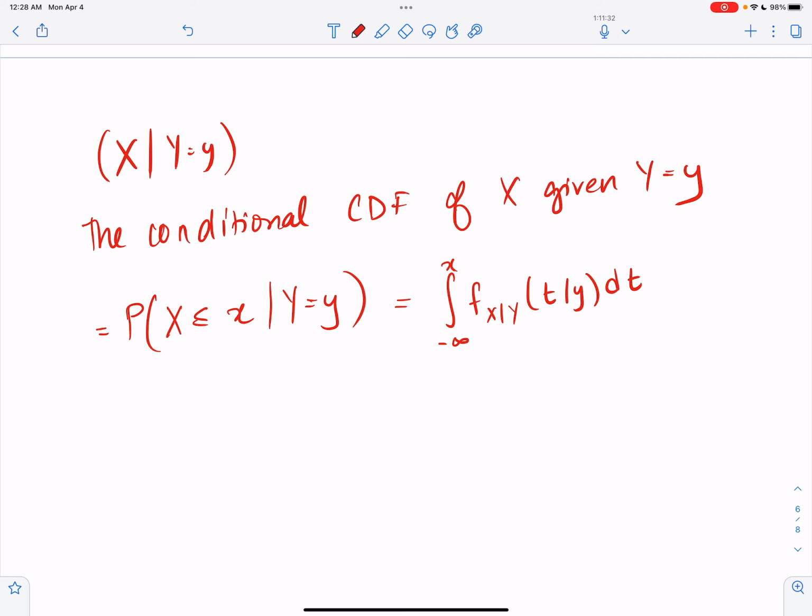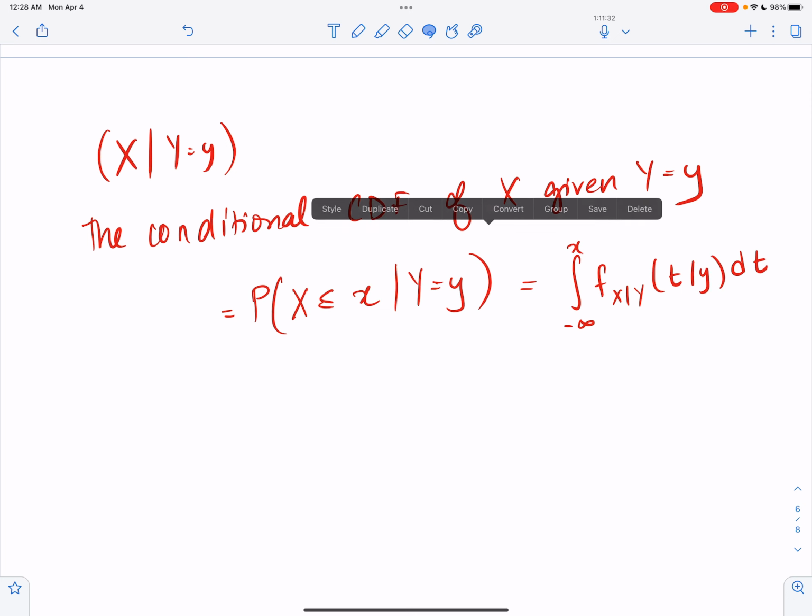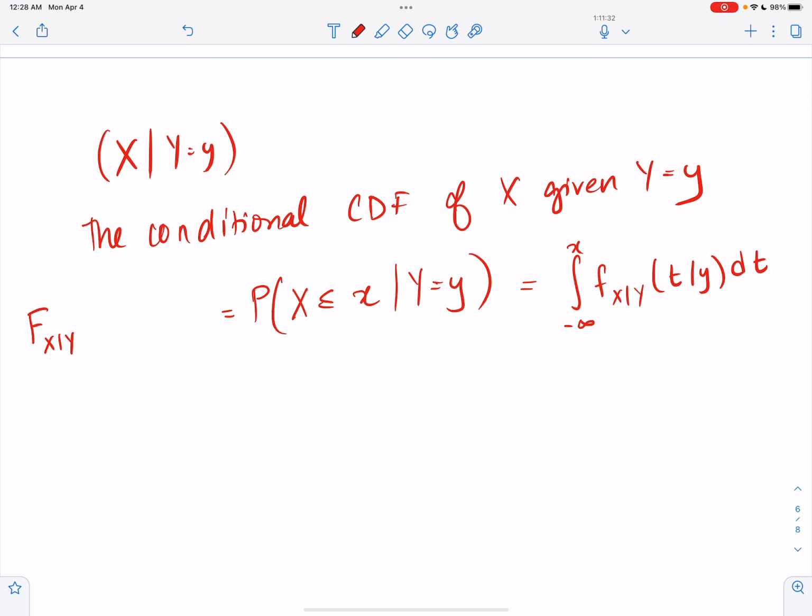Normally, what does a CDF mean? When you write it like this, it is the probability that x is less than or equal to x given y equals y.